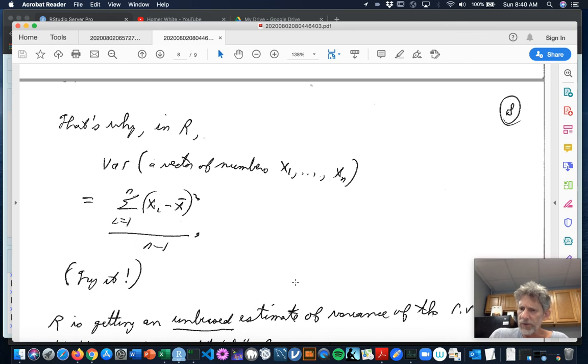Now, just a little question for you. The expected value of S squared is sigma squared. Do you think that the expected value of S, the square root of the sample variance, would be equal to sigma? Just a question to think about.